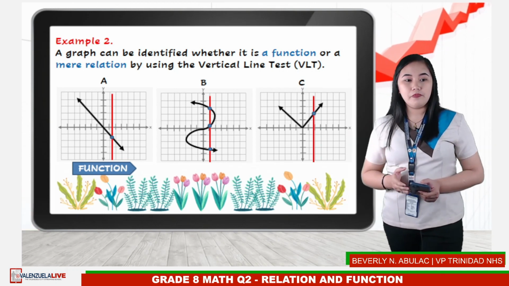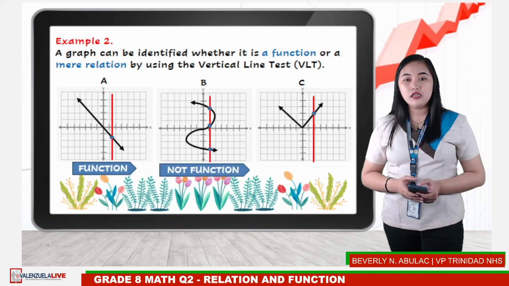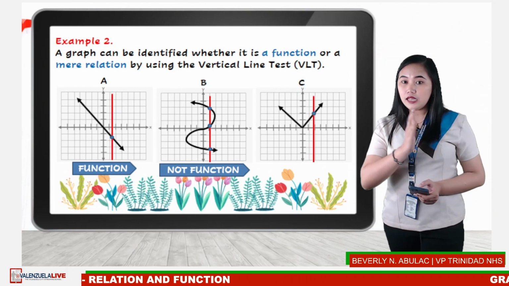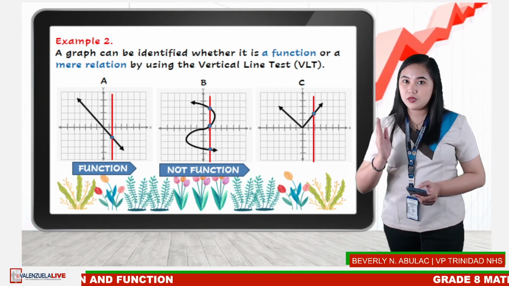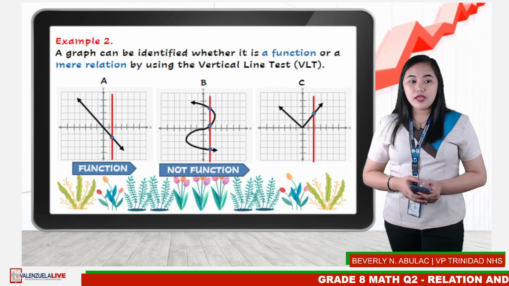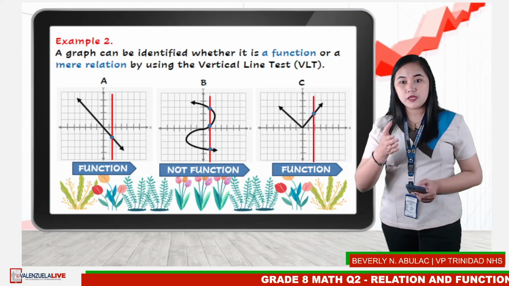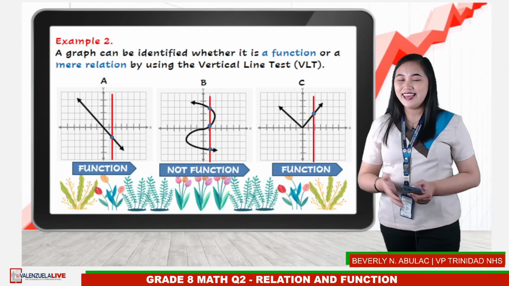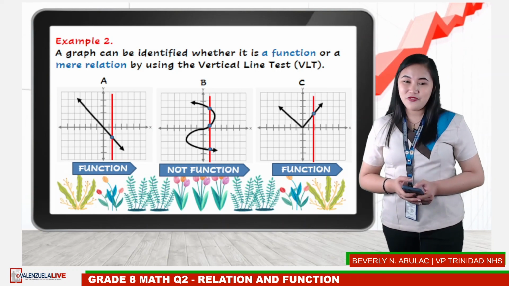The graph in B is not a function because if we examine the vertical line, it touches the graph more than once. Letter C. Examining the vertical line in graph C, it touches the graph once. Hence, the graph in C is a function.